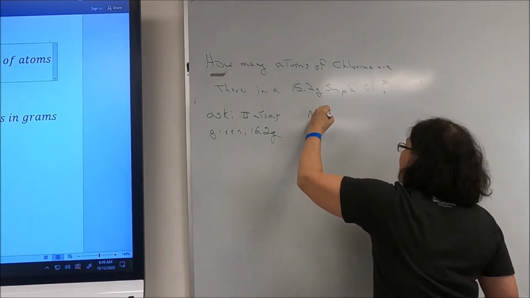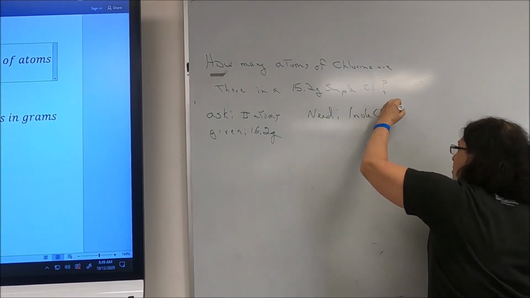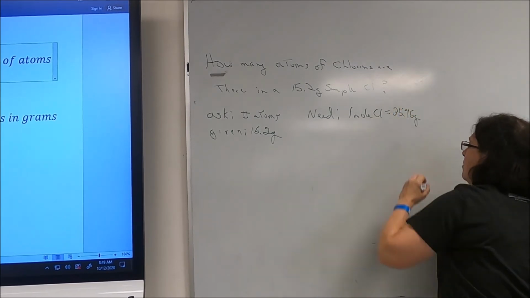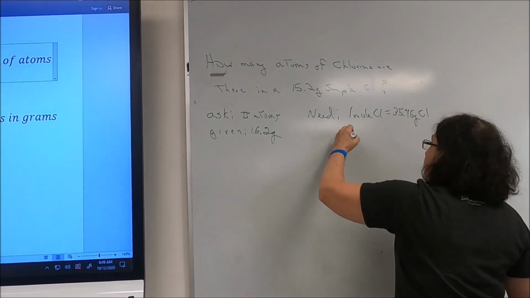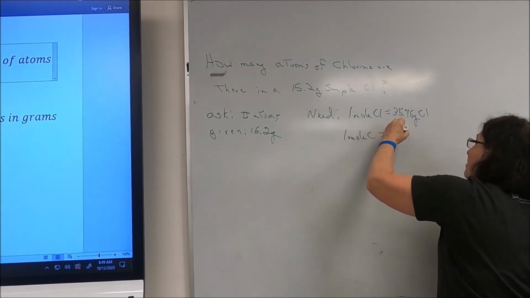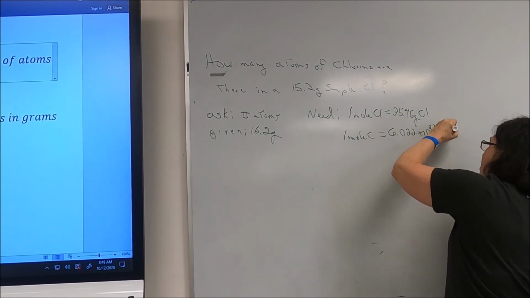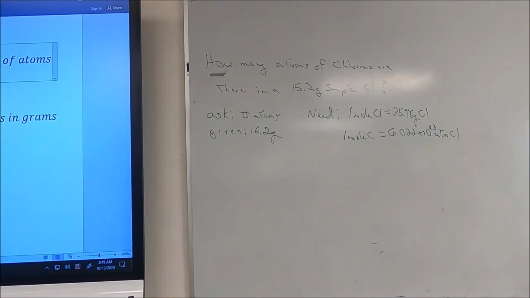So I need 2 things. I need the molar mass. 1 mole of chlorine has a mass of 35.45 grams. And 1 mole of chlorine contains 6.022 times 10 to the 23 atoms of chlorine. So I've got the numbers.